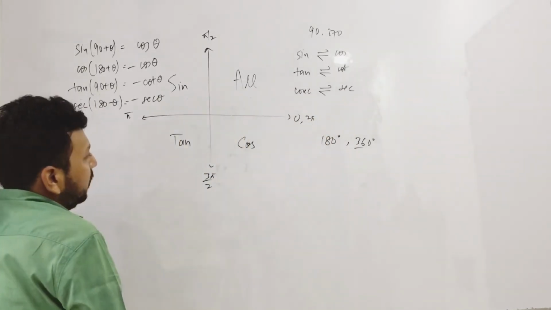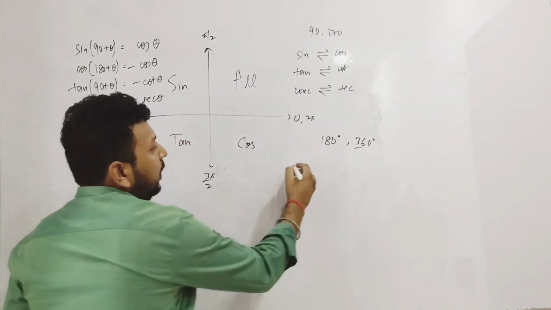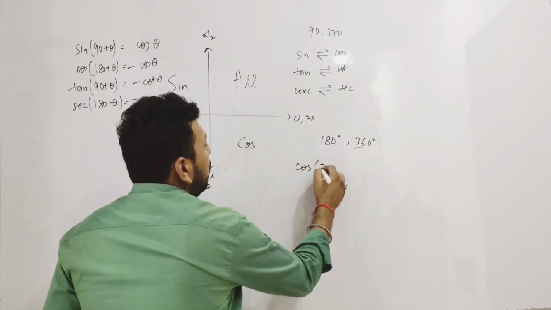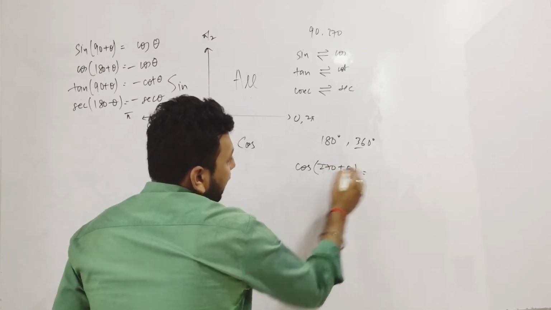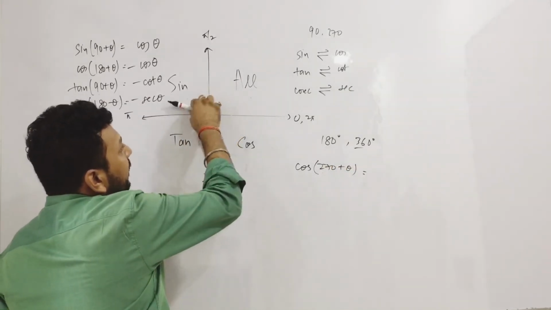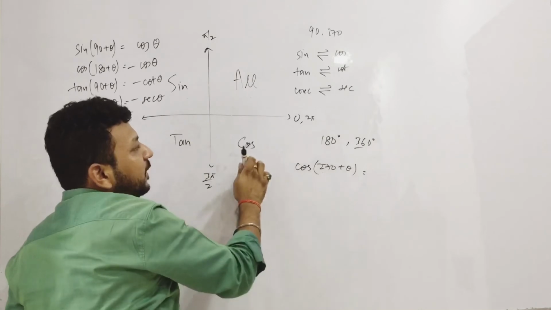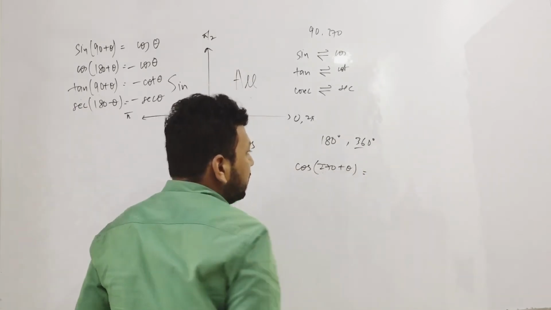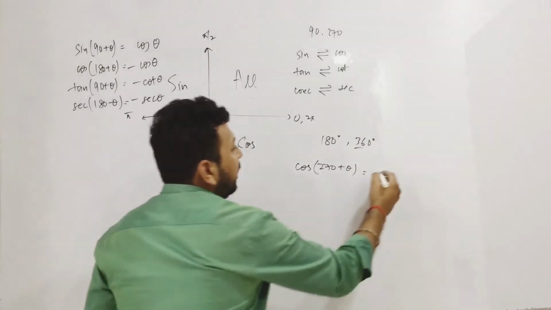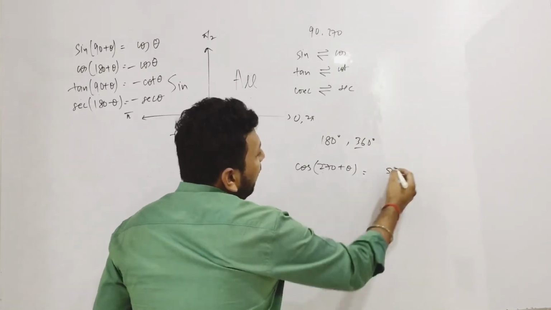We can do some more, like cos of 270 plus theta. So 90, 180, 270. 270 plus theta means this quadrant, where cos is positive, but cos gets converted into sine.